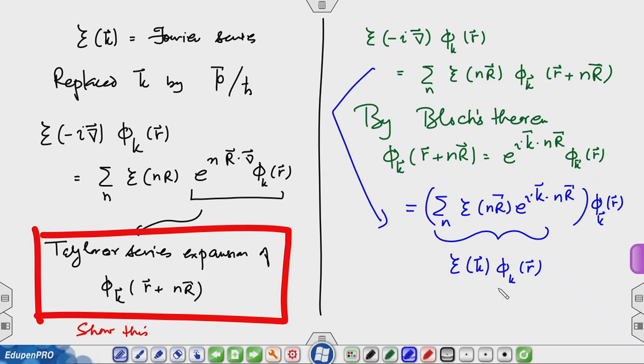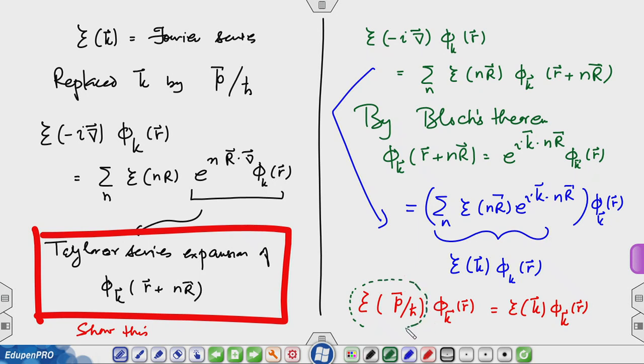So, what you get is that if I take the energy, write this as P operator over H cross, the operator, operate it on phi k r, I get E k phi k r. So, this term out here is like the Hamiltonian of the system, Hamiltonian operator. Let me repeat.